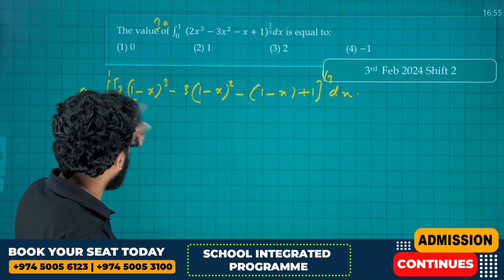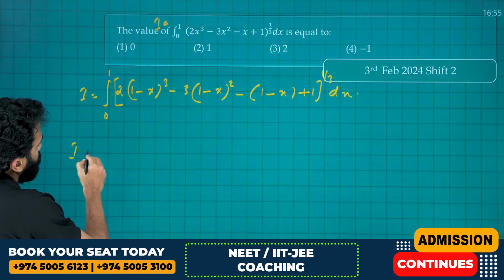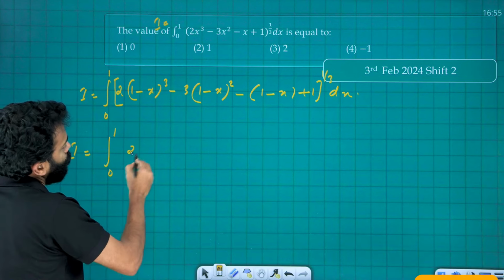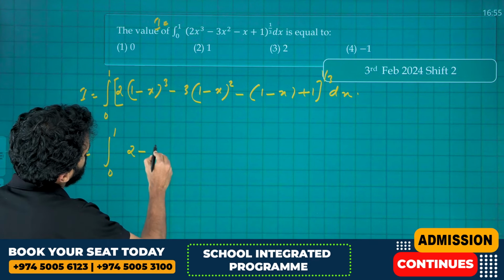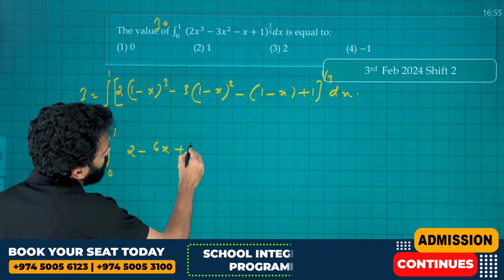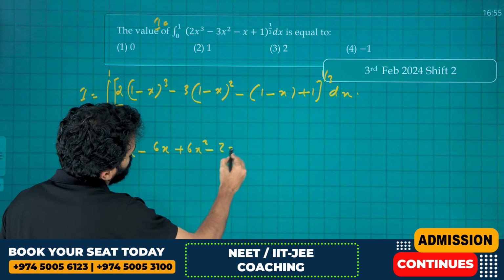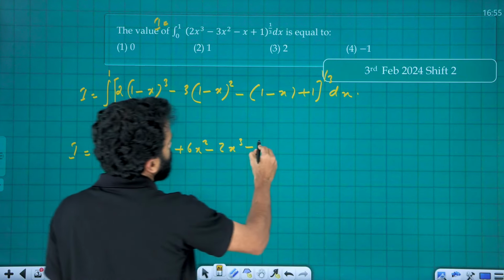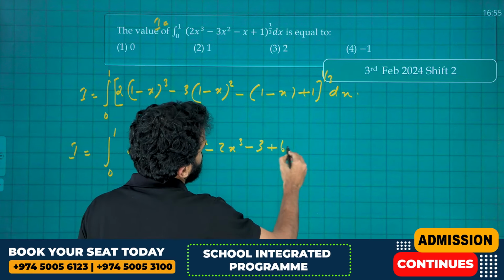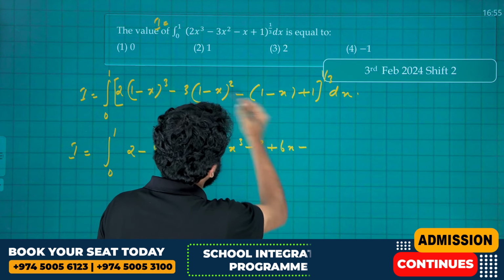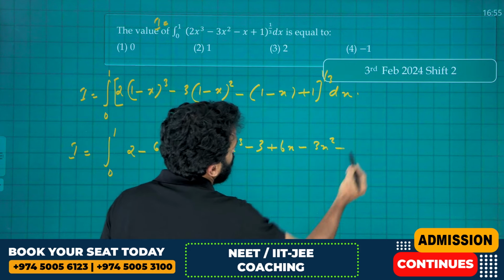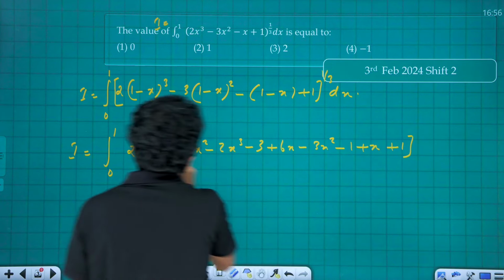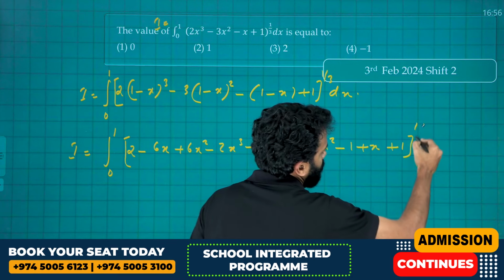Okay, so if you open the bracket, you will get I is equal to 0 to 1, 2 minus 6x plus 6x square minus 2x cube, minus of 3 plus 6x minus 3x square, minus of 1 plus x plus 1, the whole raised to 1 by 3 dx.